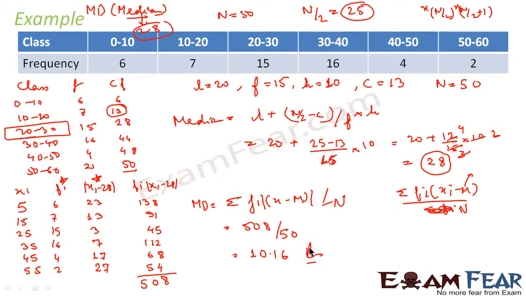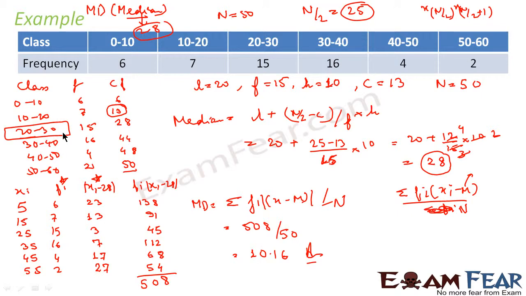What we have done? We have first found the median. To find the median, we found the cumulative frequency. We got n equal to 50, and n by 2 was 25, so 25 came in this class. So we found the class in which the median lies.